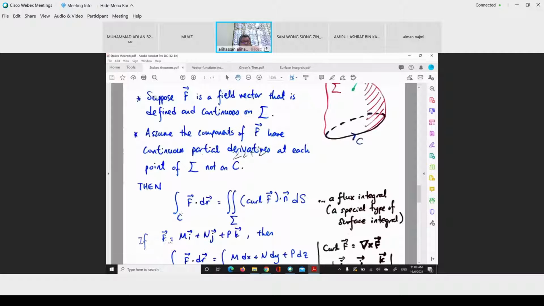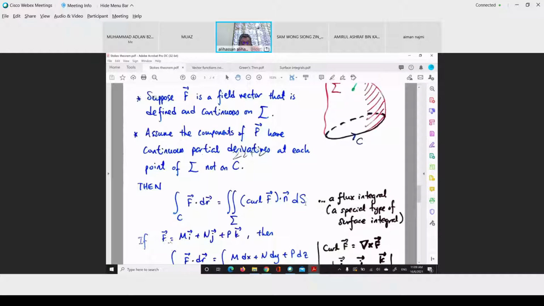According to Stokes' theorem, this line integral in three-dimensional space is equal to the surface integral of the curl of the vector field F dot the normal vector n, and this is dS, capital S. It is not small ds. Last time we used small ds for arc length.